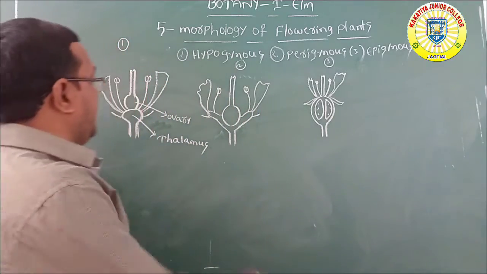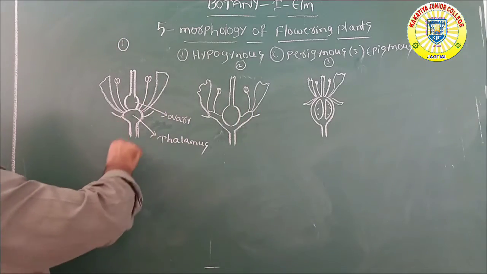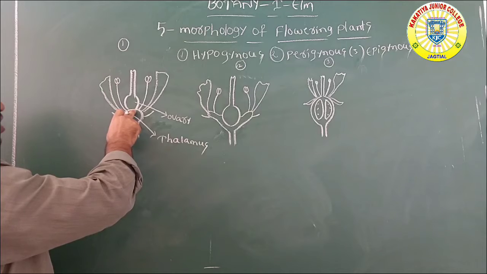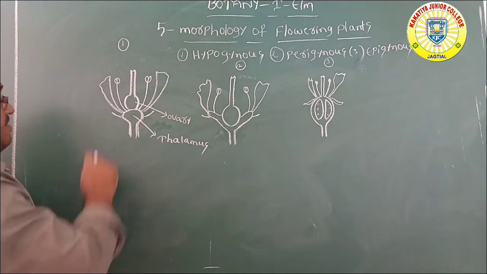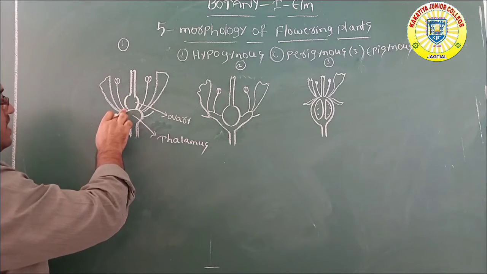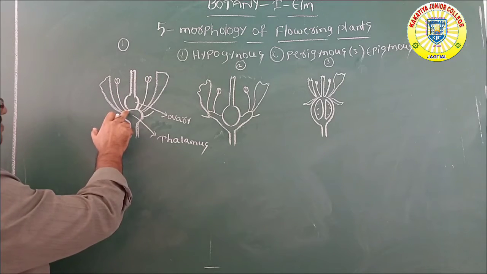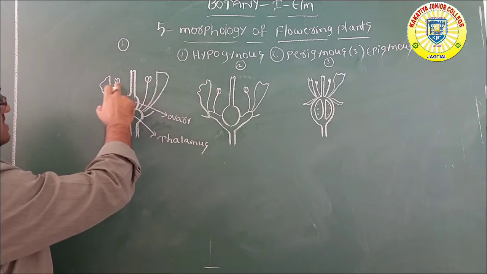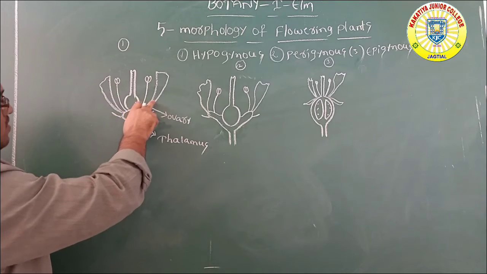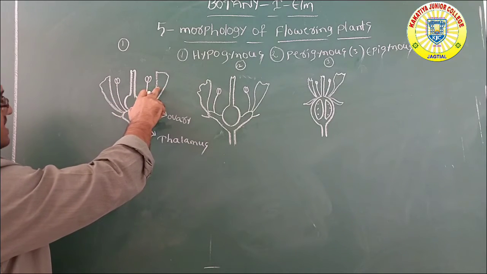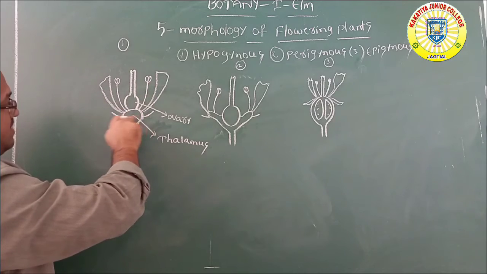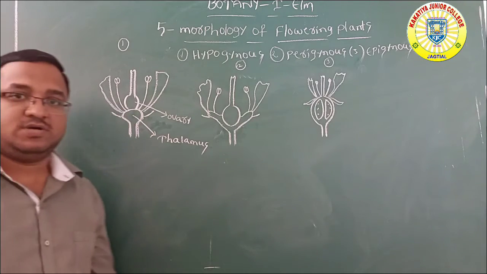You can see below the gynoecium only stamens are developed, below the gynoecium only petals are developed, and below the gynoecium only sepals are developed.